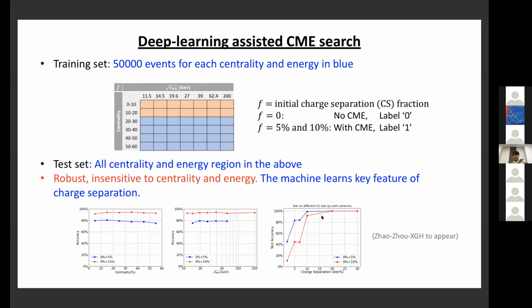And for the case of a lower initial charge separation, the machine can still behave quite well. So the machine is very robust. It really learns some key features of the charge separation.